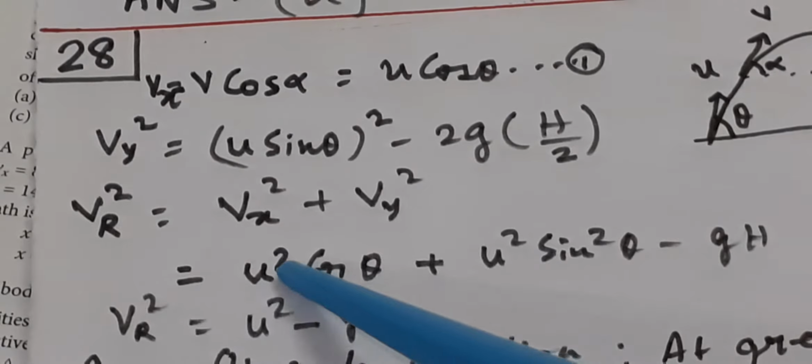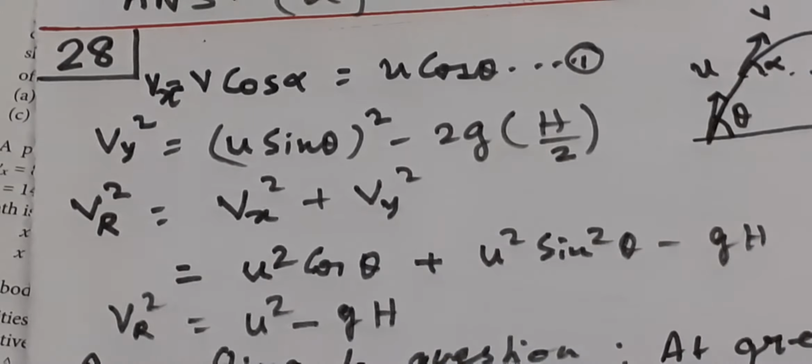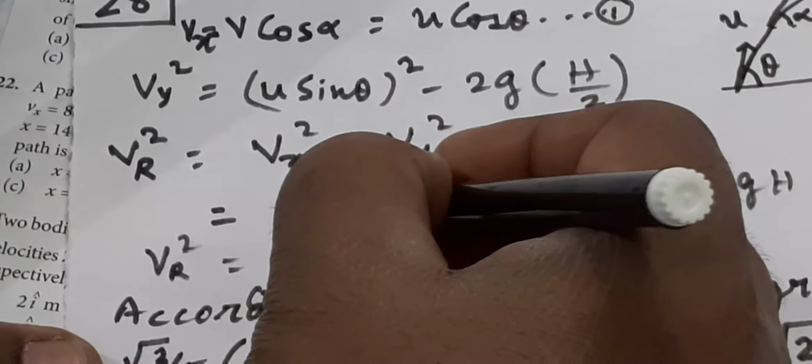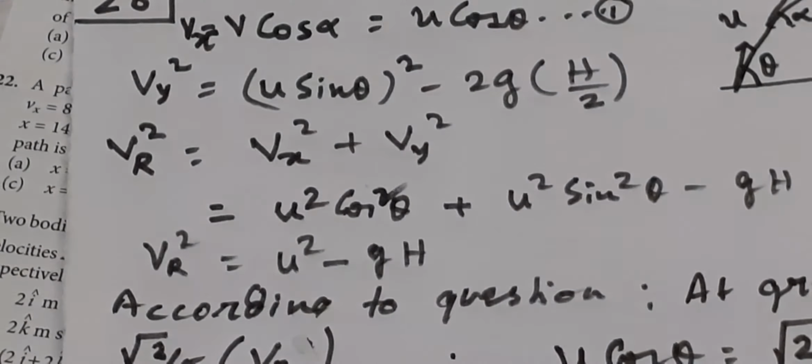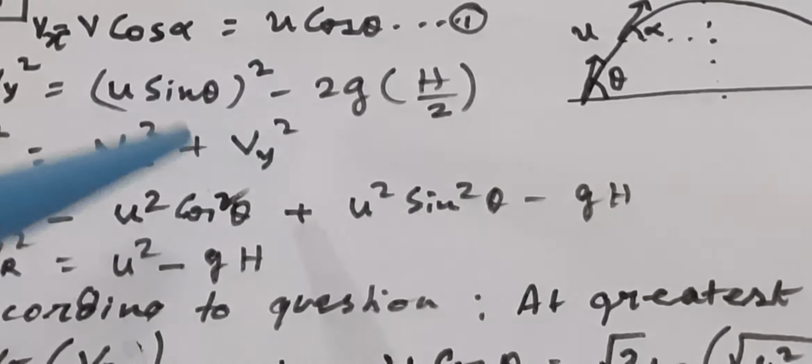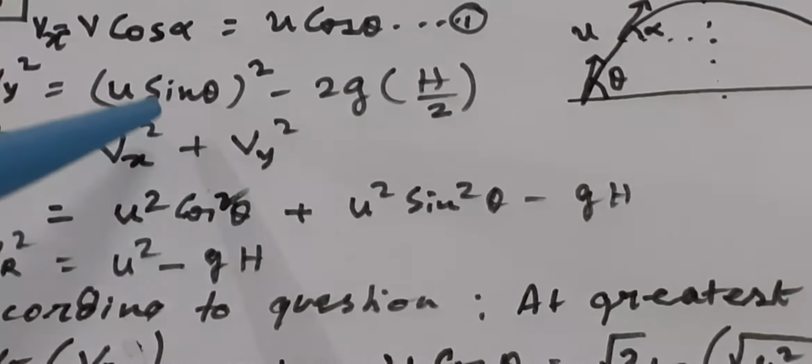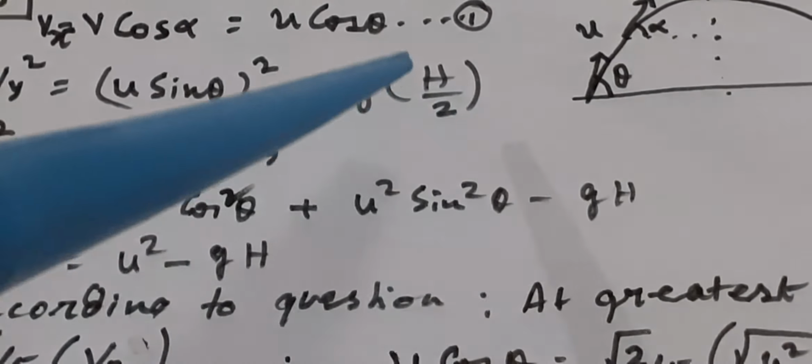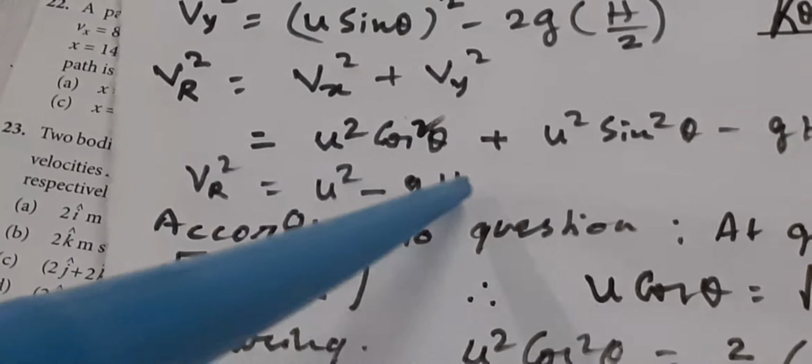This will be u square cos square theta plus, instead of Vy, you already got it, u square sin square theta minus gH.